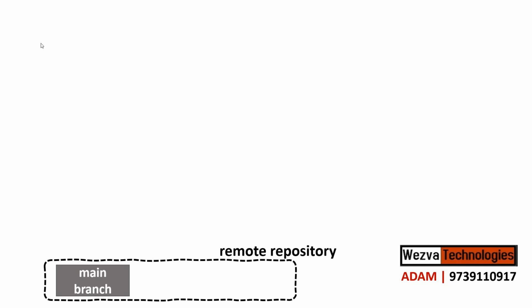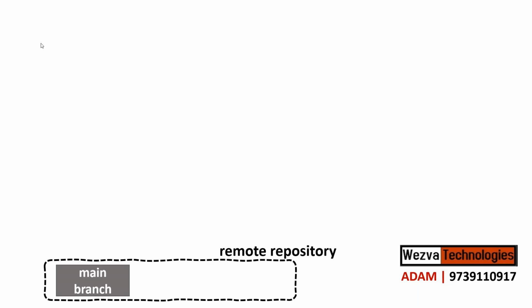So a branch is that layer in which you actually store and view all your files. Anything that you try to store inside a repository will be inside a branch.